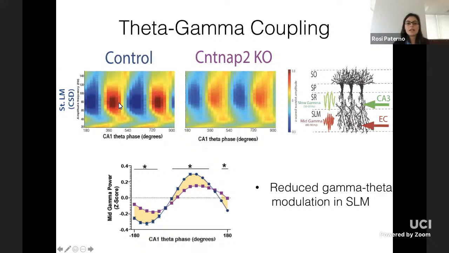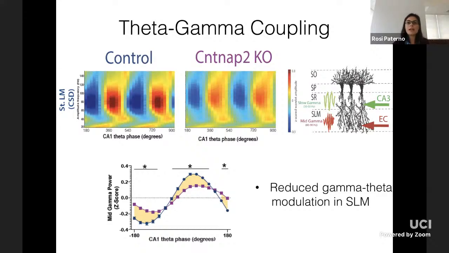As we can see here, we predominantly have mid gamma activity, and this mid gamma activity is higher at the peak of the theta cycle. But when we compare to CNAP2 animals, we can see how the modulation is way reduced.